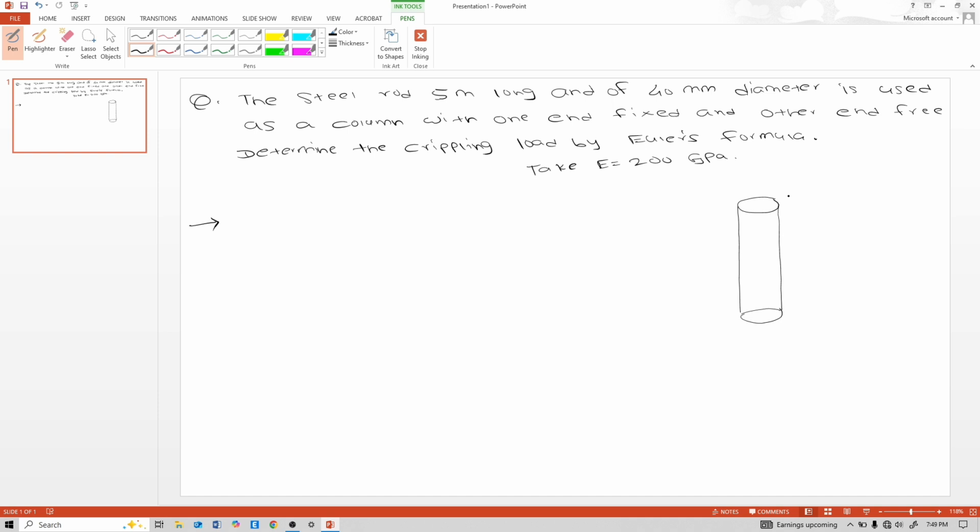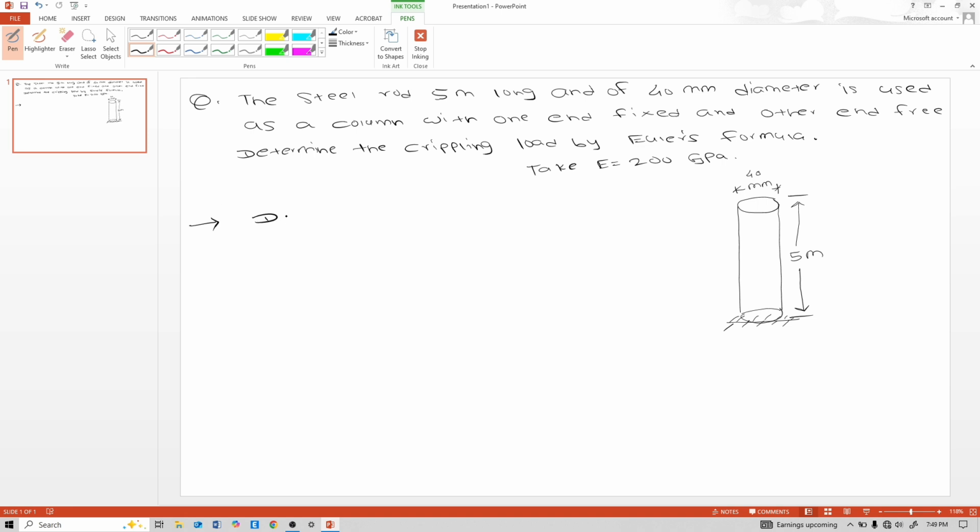The length of that steel rod is 5 meter, and the dia is 40. One end is fixed, that means here it is fixed, then the other end is free.